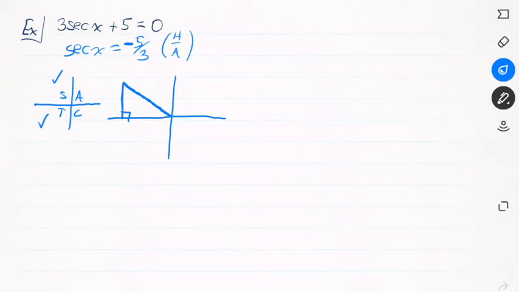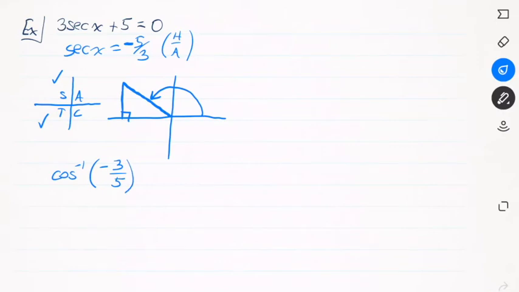The calculator is going to give us this answer, the main angle from the positive x-axis to that terminal side. Now, to type secant as an inverse into a calculator, you have to actually use cosine inverse, and you have to reciprocate hypotenuse over adjacent to be adjacent over hypotenuse.